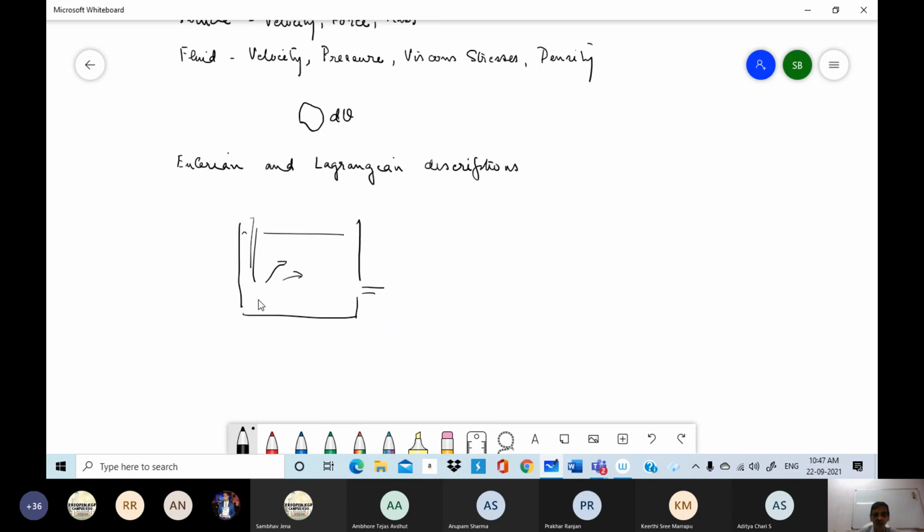One way would be that I keep my measuring instrument at a certain point. Say I can identify this as my point of interest, and then keep my measuring instruments here, which will tell me the velocity, the pressure, and the density at this point as a function of time.